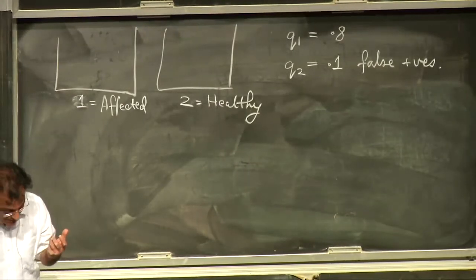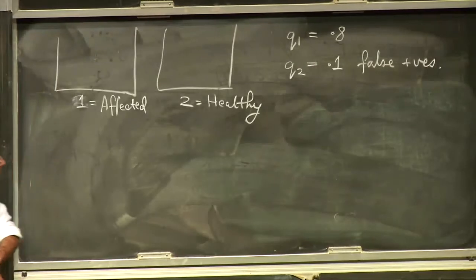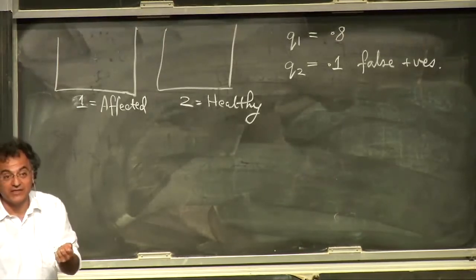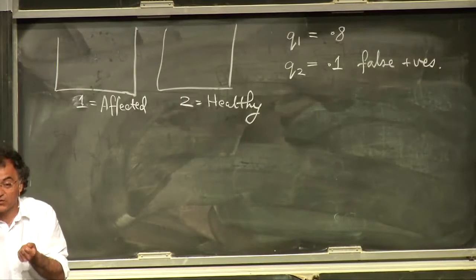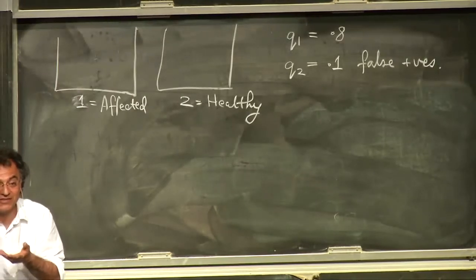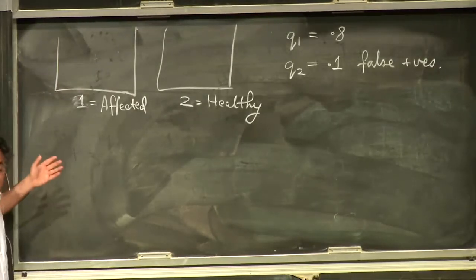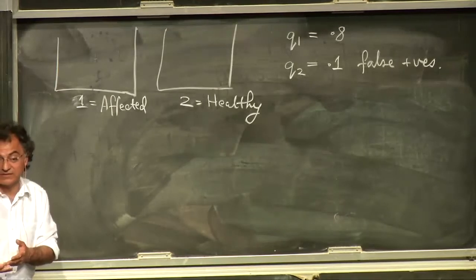It's a bad case for us. But now, the question that we want to answer is, suppose we administered this test to somebody and it turned up positive. What's the chance that this person is actually affected? That's the question that we want to answer.